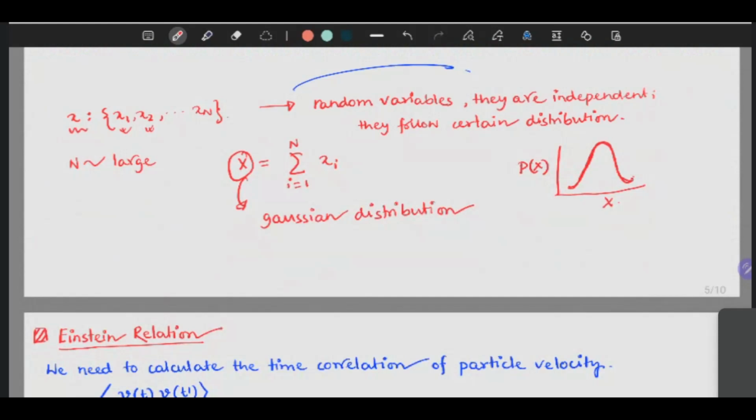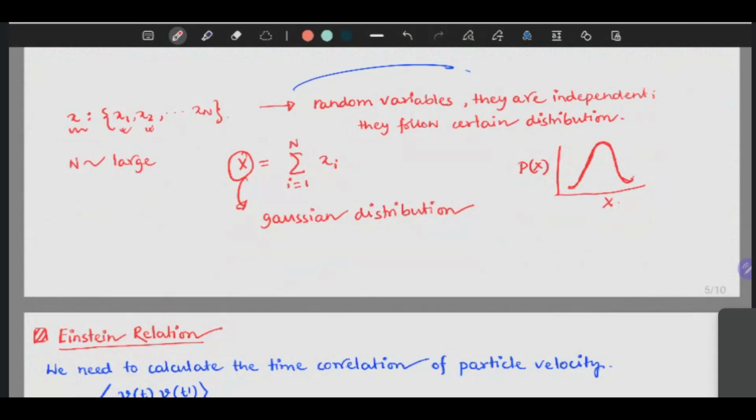Okay, 0 to t, and then v0 squared e to the power minus 2t by tau_v plus, for 0 it will be 1, so 2 e to the power minus 2t by tau_v into tau_v by 2 by m squared into (e to the power 2t by tau_v minus 1).